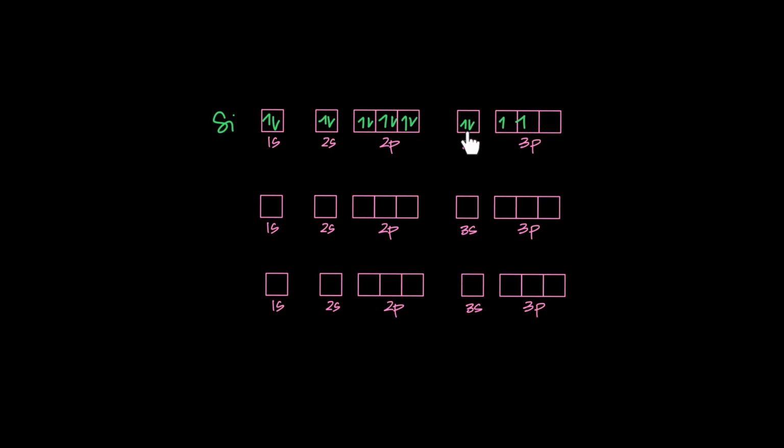Now, if any of these lower ones, 1s, 2s, 2p, 3s, were to promote to the 3p or even the 4s, that doesn't exist here, but it will if it gets promoted, we will call that an excited state. Meaning that, let's say I take a 2p electron and say, you know what, I'm moving to the 4s. And literally what I've done is I've taken this 2p and moved it to the 4s right there. Now this will be an excited state.